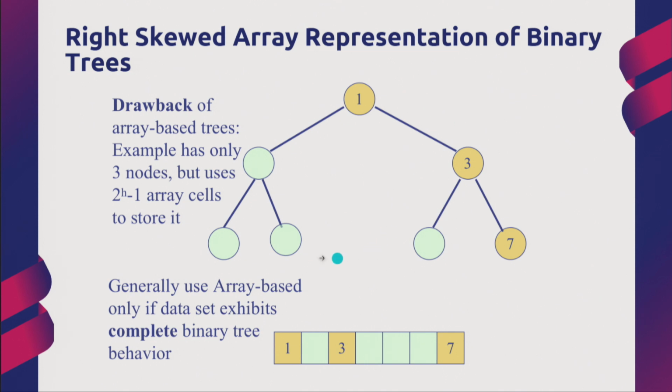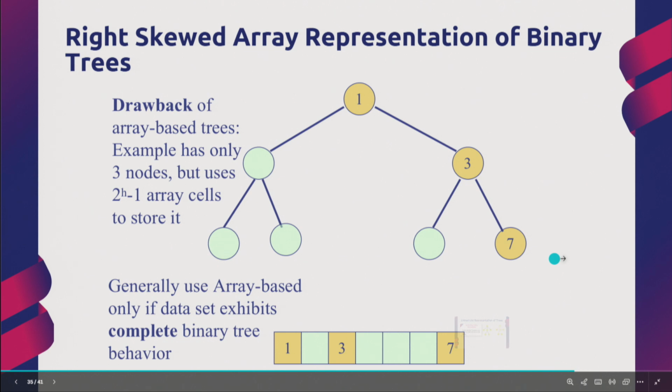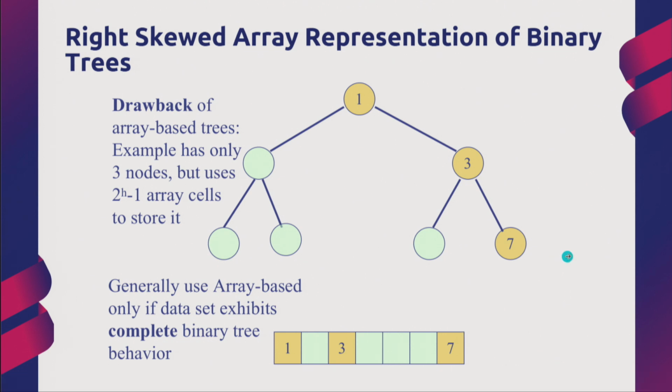In this case, if I have to store this tree and I want the relationship to exist, that is parent at location i, left child at 2i and right child at 2i+1, then for this tree I should allocate 7 spaces, but of course only 3 of those spaces are going to get used, and the remaining are going to remain idle or empty. That is one of the drawbacks of using array representation.